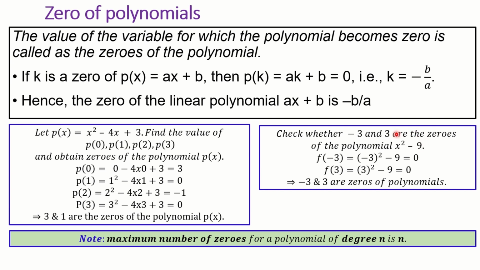It is a quadratic, so it will have a maximum of 2 zeros. And here in x minus 2 whole square equal to 0, both are 2's. So that means you have only one, right? The polynomial has only one zero. So that way, you have to know the maximum number of zeros is this much. At most n you will have.